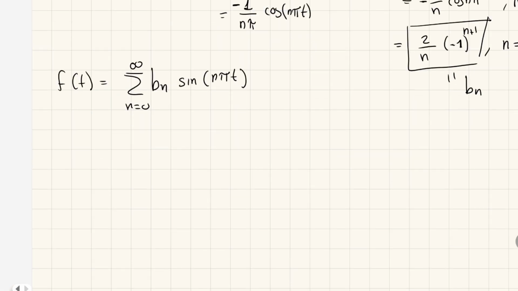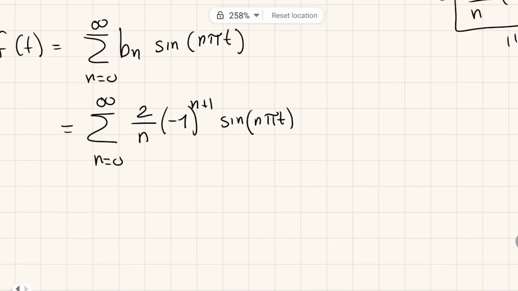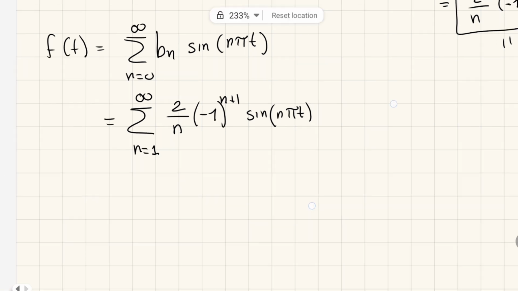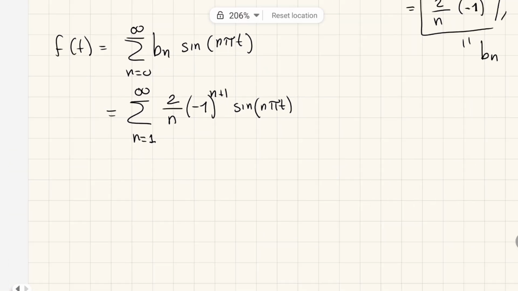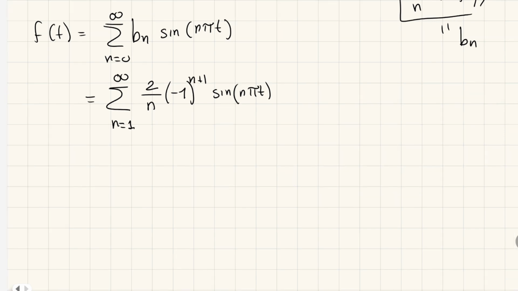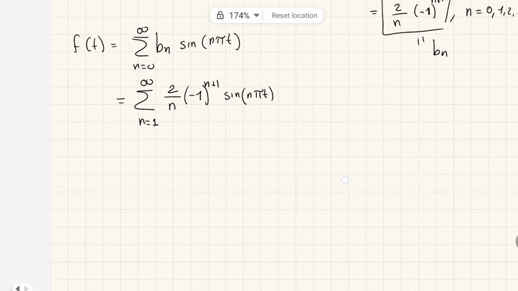Okay, so that means that we can define our f of t as the sum from n equals 0 to infinity of 2 over n times minus 1 to the n plus 1 times sine of n pi t. Okay, and looking at, well, the sine of 0 is 0. Okay, we can start this sum from 1.